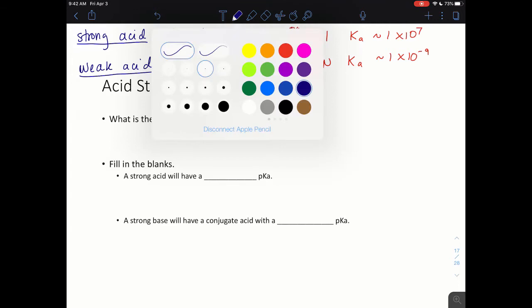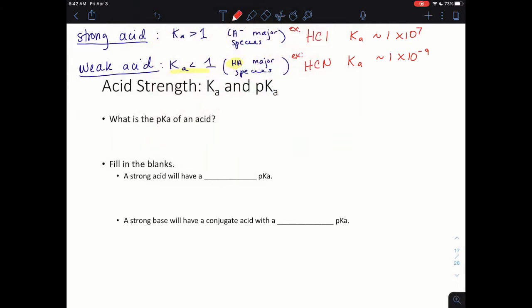Now, there are about 16 orders of magnitude, 16 powers of 10, between those Ka's, and that is a huge, huge scale. So when we have constants like this that span this many powers of 10, we often use a log scale to think about them. So we often think about the pKa's of an acid, and in fact, in this class, we're going to focus primarily on pKa's.